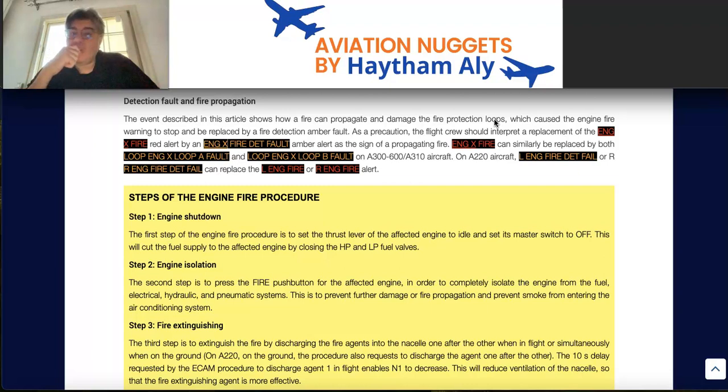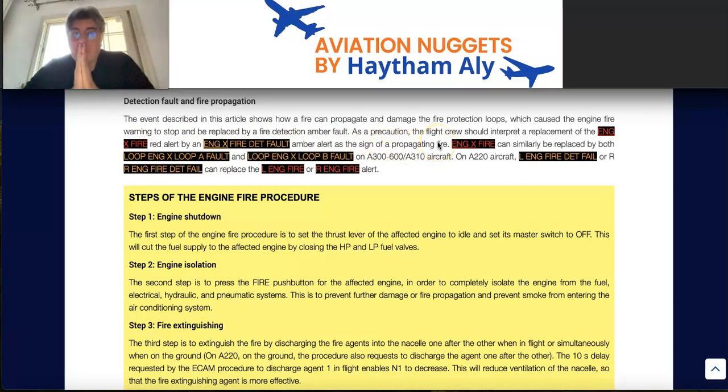This is a very bad scenario, which causes the engine fire warning to stop and be replaced by a fire detection amber fault. As a precaution, the flight crew should interpret a replacement of the engine X fire red alert by an engine X fire detection fault amber alert as the sign of a propagating fire.